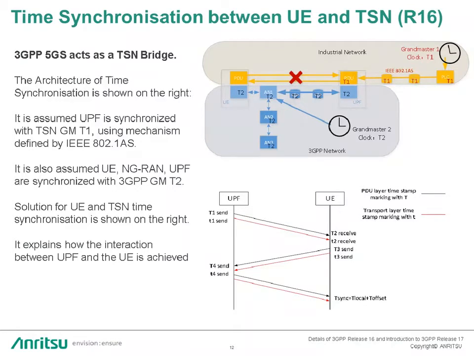And this shows how the time synchronization is done. As you can see in the UPF, the synchronization is done with the grandmaster T1 and so this 3GPP network can be synchronized with the industrial network.